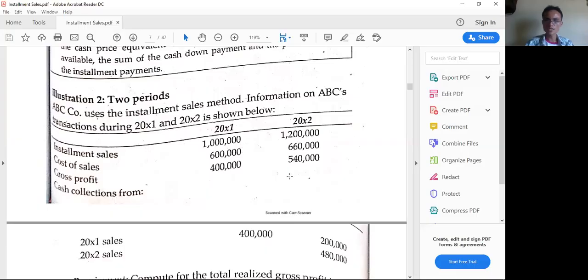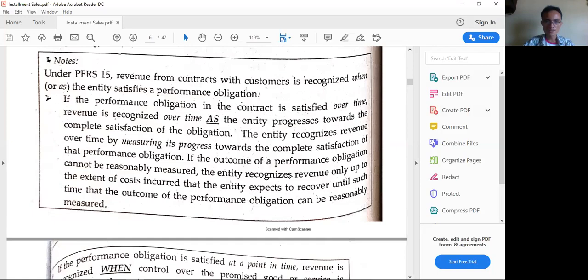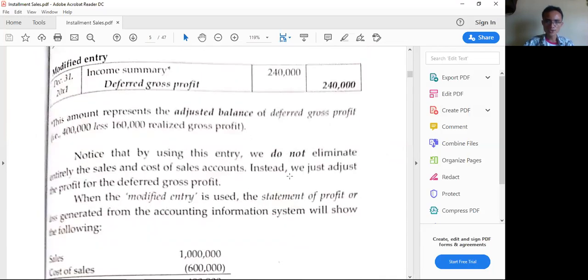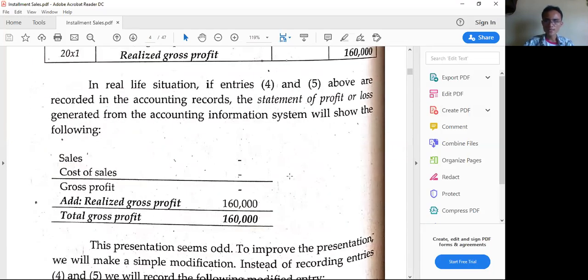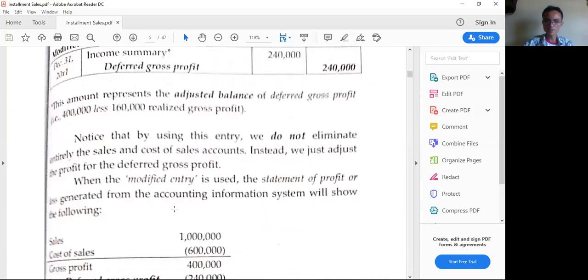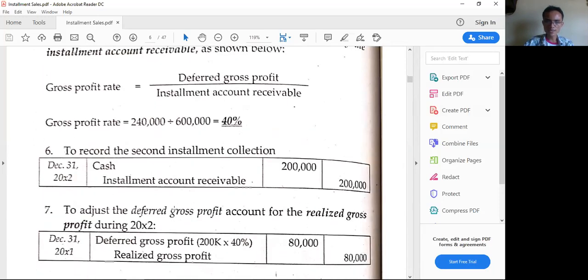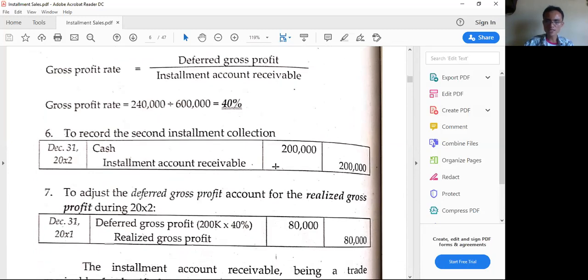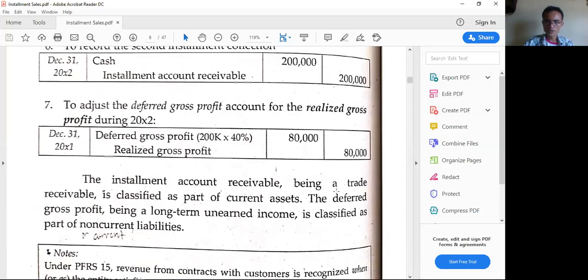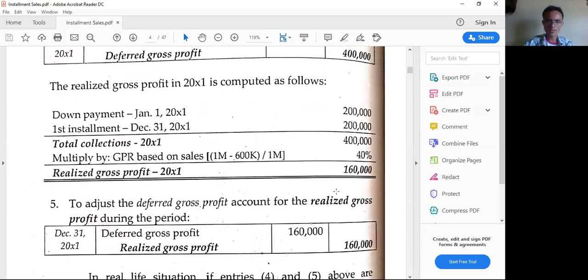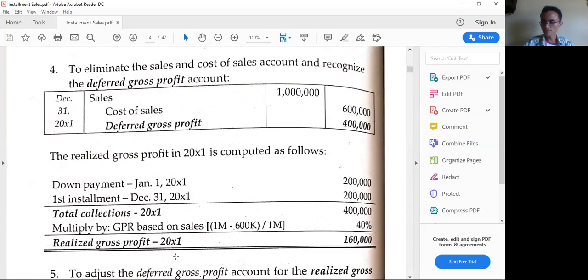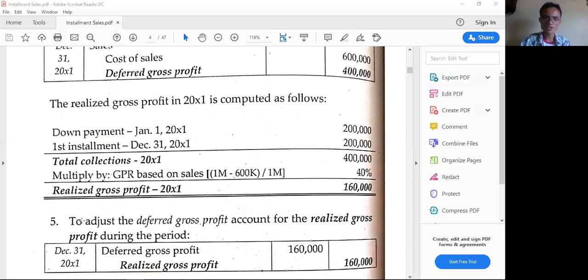Last time I told you also some concepts about the computations. We said that deferred gross profit is the difference between sales and cost of sales. Realized gross profit is simply obtained by multiplying the gross profit rate by the collections. So this is the computation of realized gross profit.